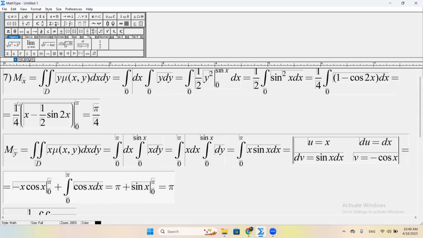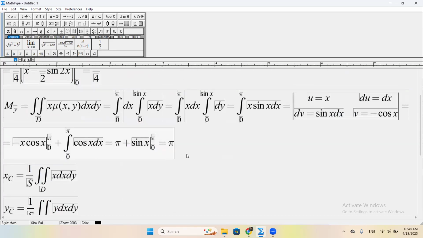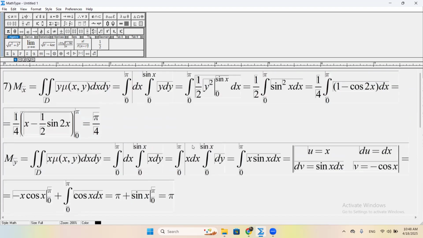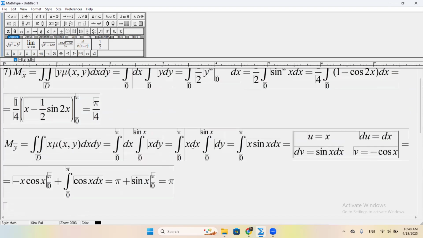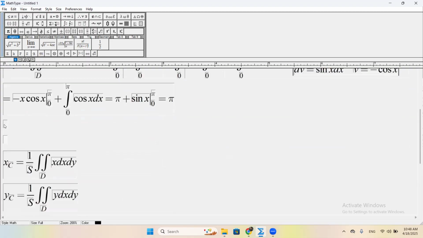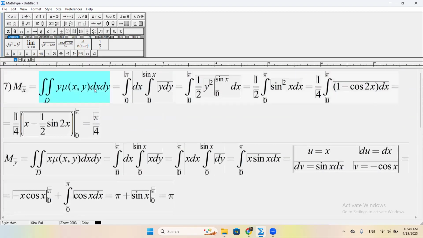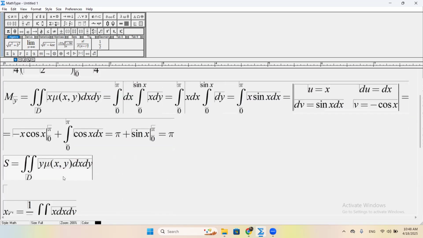So we found the static moments. And now what do we have to do? We have to find the area. The area can be found by the following formula.